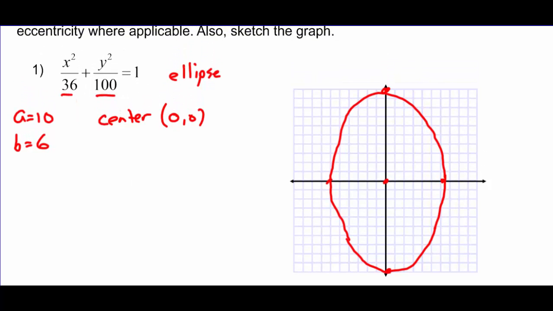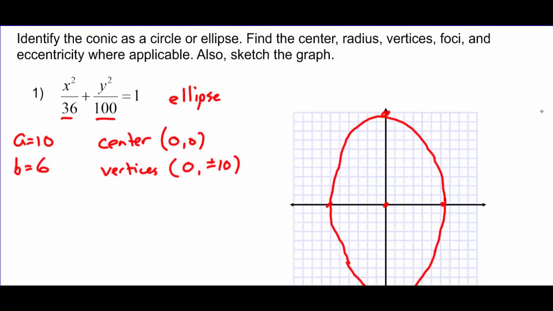First thing, let's go ahead and list the vertices. We've already graphed them, so that's pretty simple to do. Those were the furthest points from the center, and I'm just going to list them as 0, plus or minus 10. Okay, we also need to find the foci.